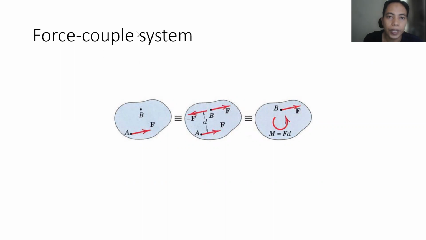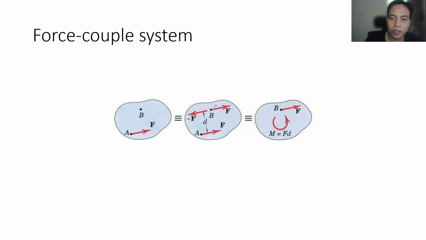So now let's see if we apply an external force at point A on the rigid body, and we have point B as a reference, as the axis of rotation, for example. Then if we apply a couple of force here at point B, which has the same magnitude but opposite in direction, they virtually cancel each other.